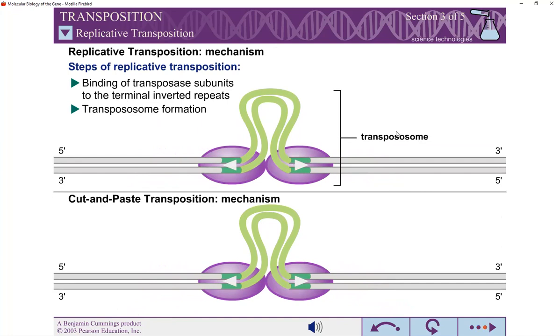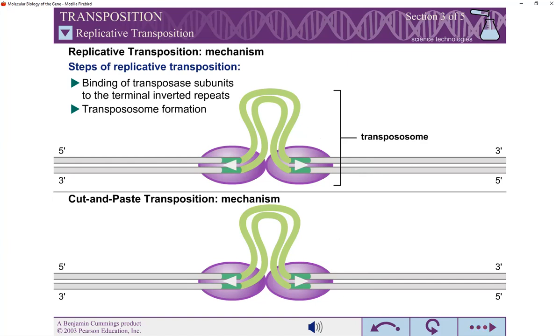A transpososome is produced, and this transpososome will facilitate the movement of the transposon from one place to the other. It would be the one that would be transporting it from one location to the other. Okay, now how is the translocation going to take place? So that we have to see.